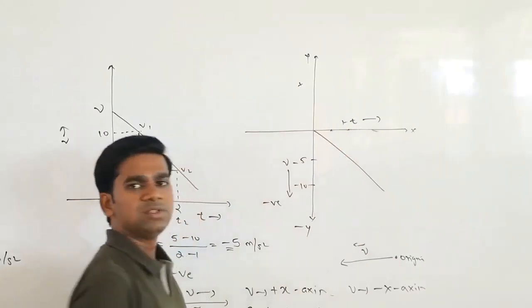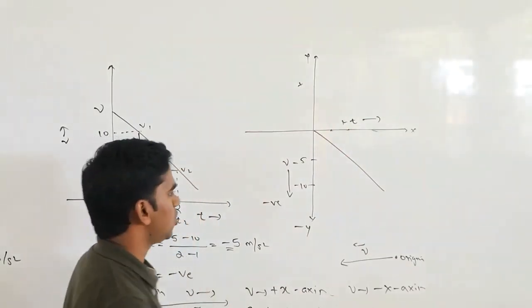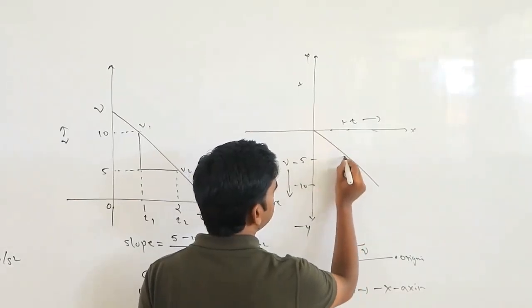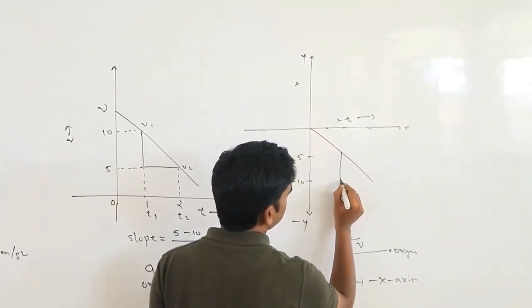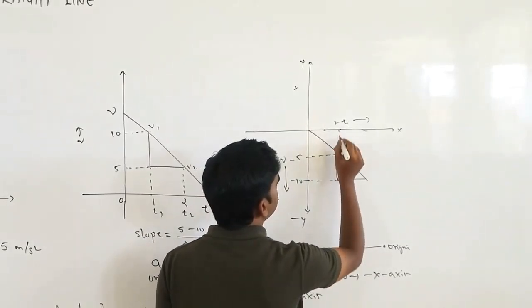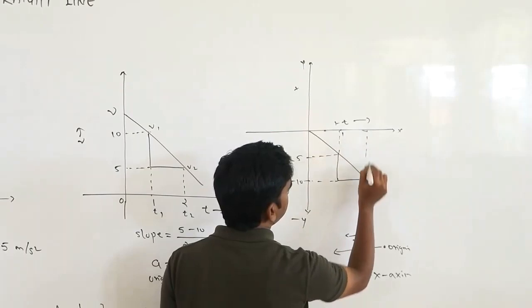Now if I calculate the slope, I will take the points somewhere here: 10 and 5, here 1 and here 2.